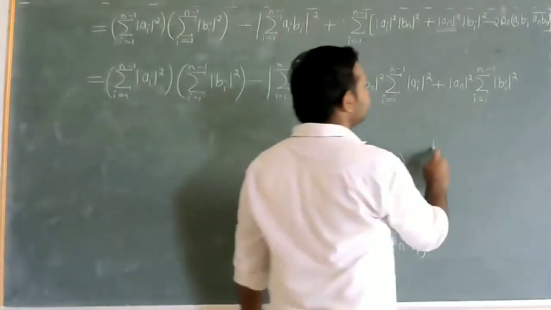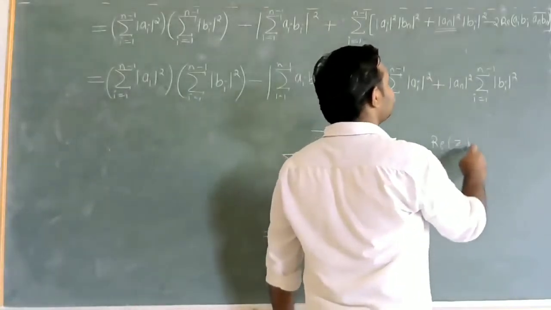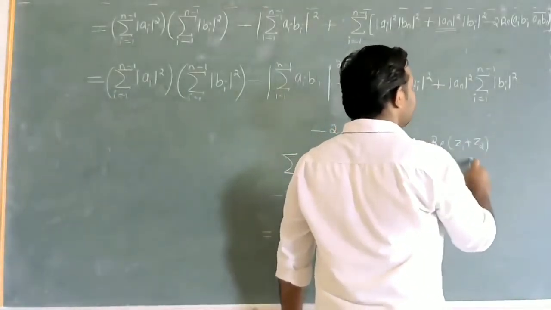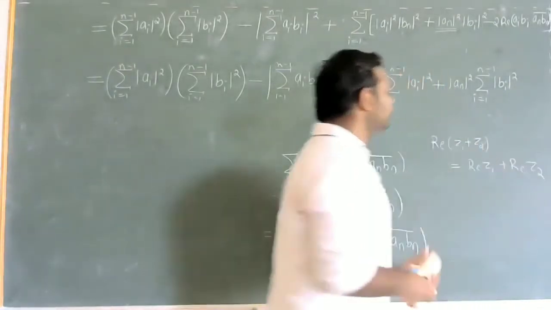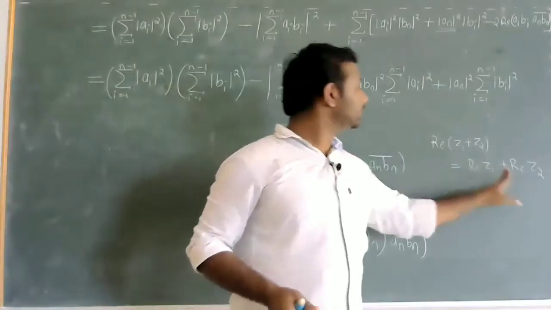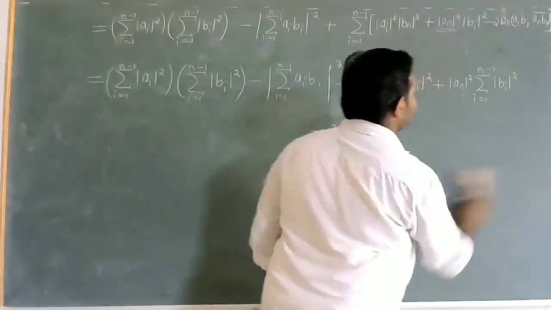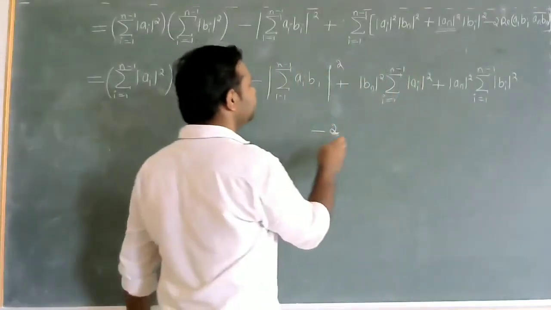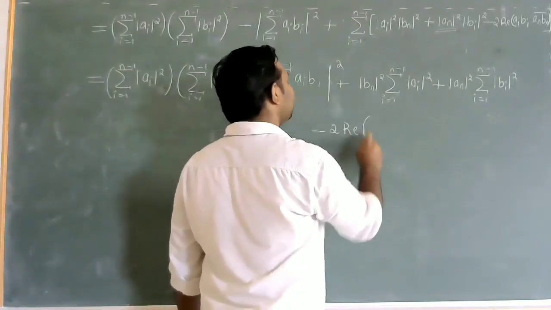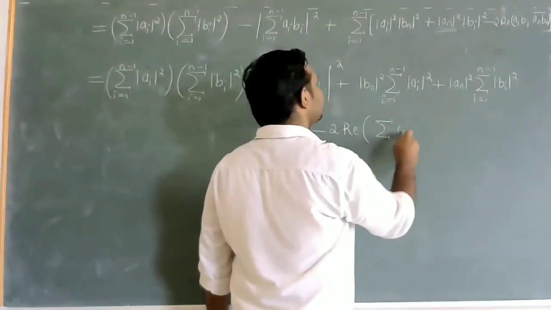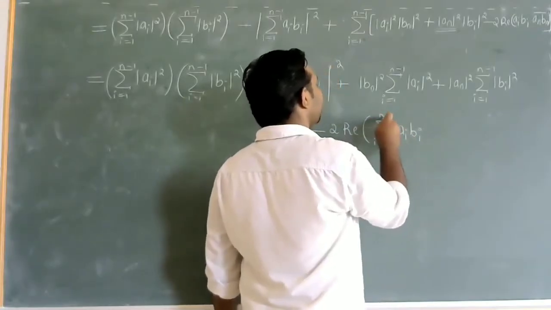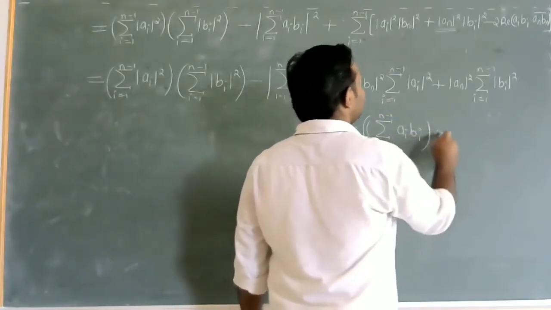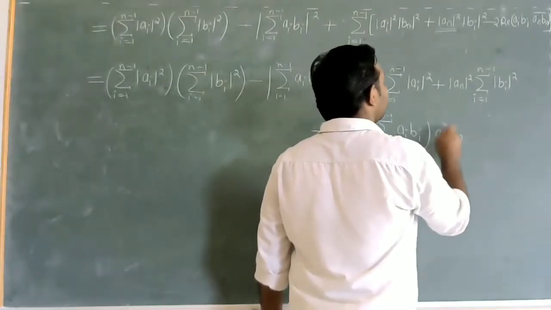You can see this, that is real part of z1 plus z2 is real part of z1 plus real part of z2. So the third term will be minus 2 into real part of summation ai bi, i running from 1 to n minus 1, into an bn whole bar.